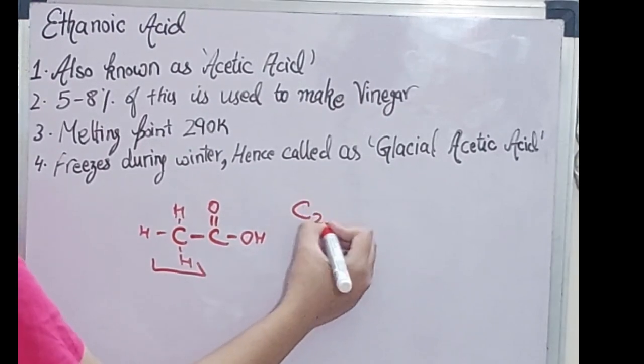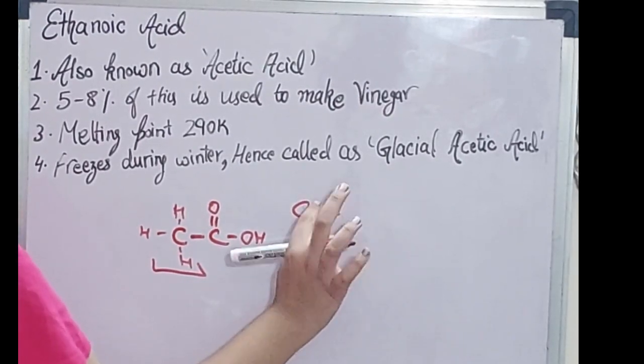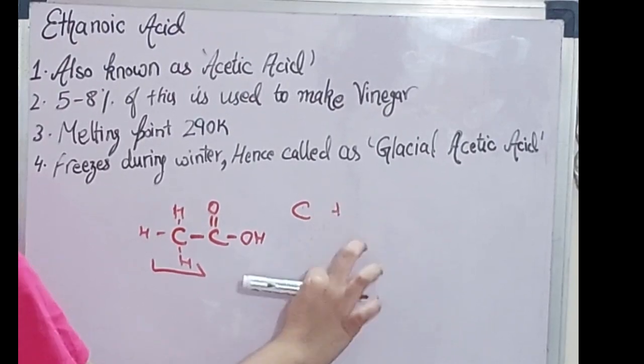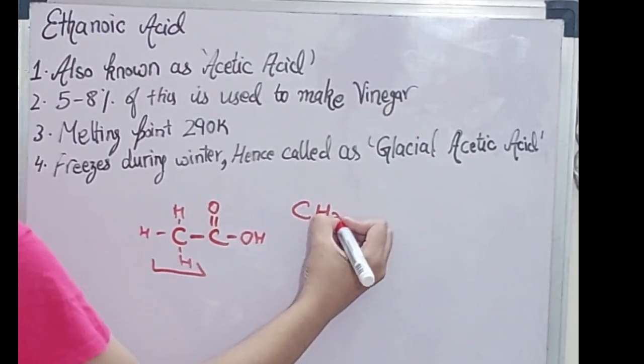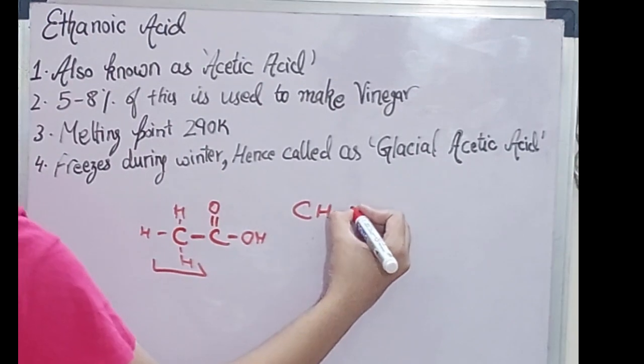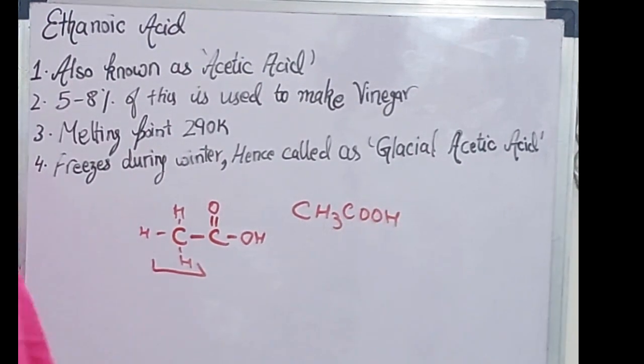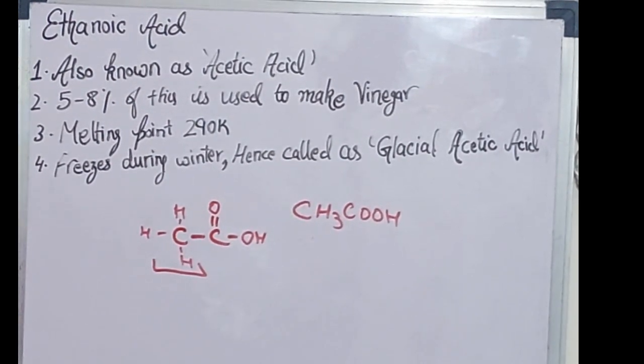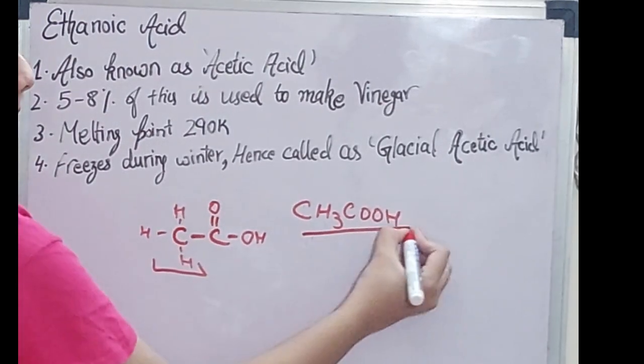First C2, CH3, sorry, CH3, then this one, COOH. CH3COOH. This is your ethanoic acid. No doubts?